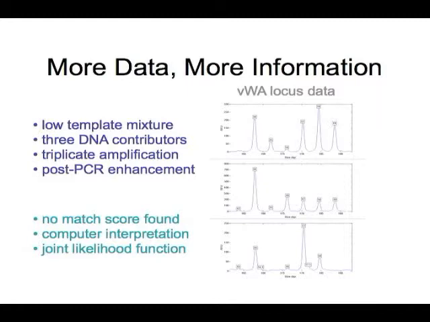And instead of using a likelihood function, like when you have only one piece of data, like one offspring, as in kinship, when you use 2 or 3 or 4 children, you can use multiple data traces. In this case, there were 3.